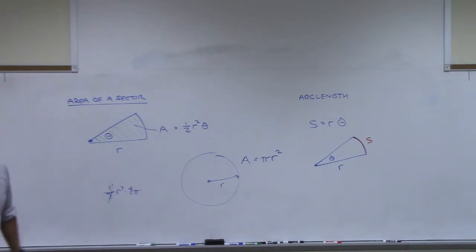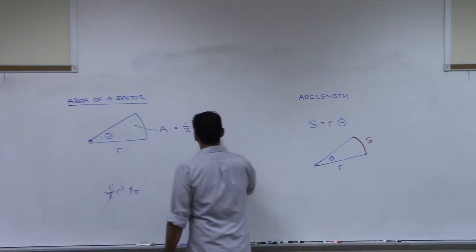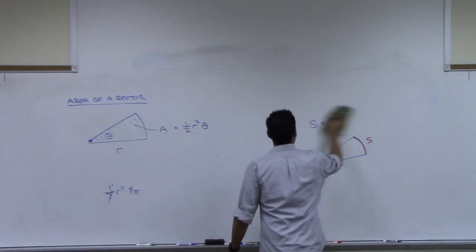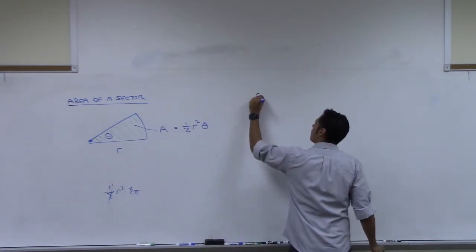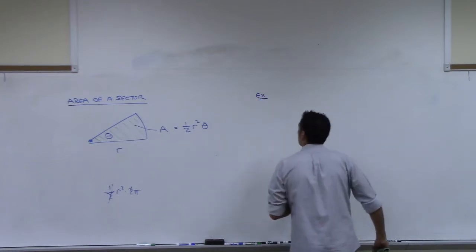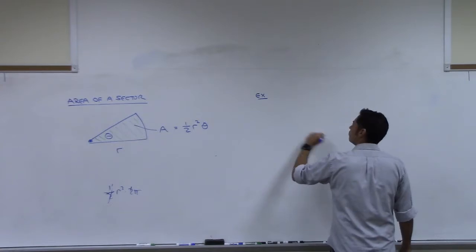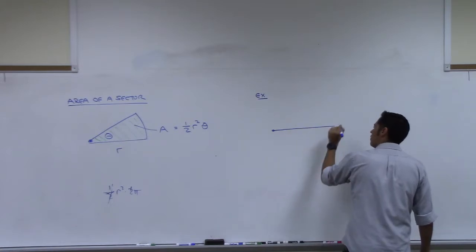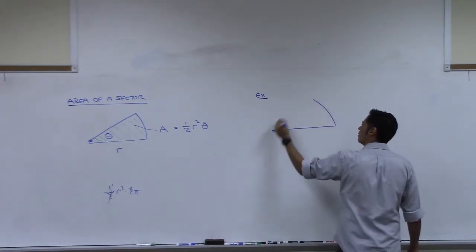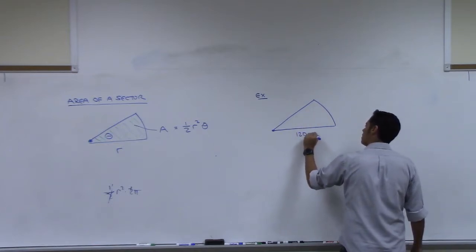All right, so let's actually find the area of a sector. Let me give you an example. We'll just do this one very mechanically, no word problem here. I'll just give you a sector. Let's say that this is 120 feet measured out here.